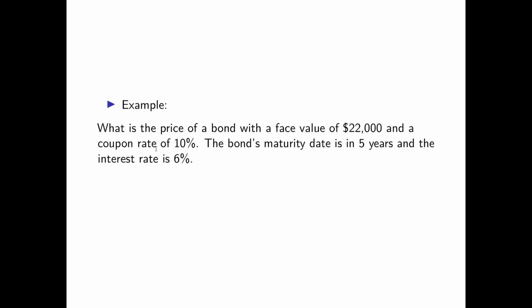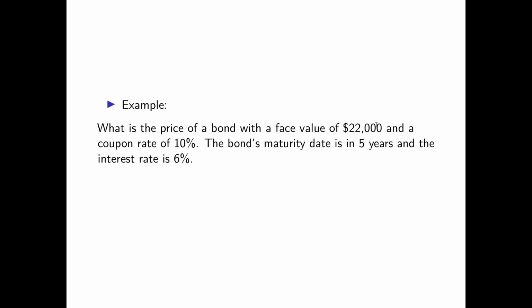Let's use an example. What is the price of a bond? And by price of a bond, we also mean the present value of a bond. So what is the price of a bond with a face value of $22,000 and a coupon rate of 10%? The bond's maturity date is in 5 years and the interest rate is 6%. It's important to understand that the coupon rate is the percentage of the face value that is paid at regular intervals.